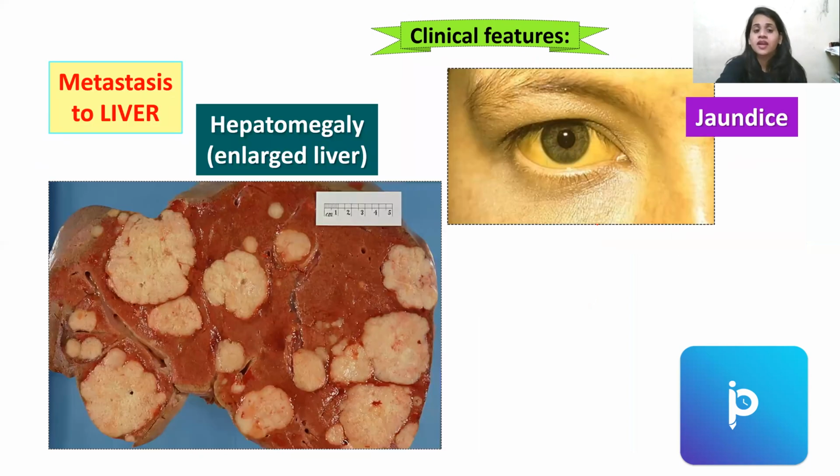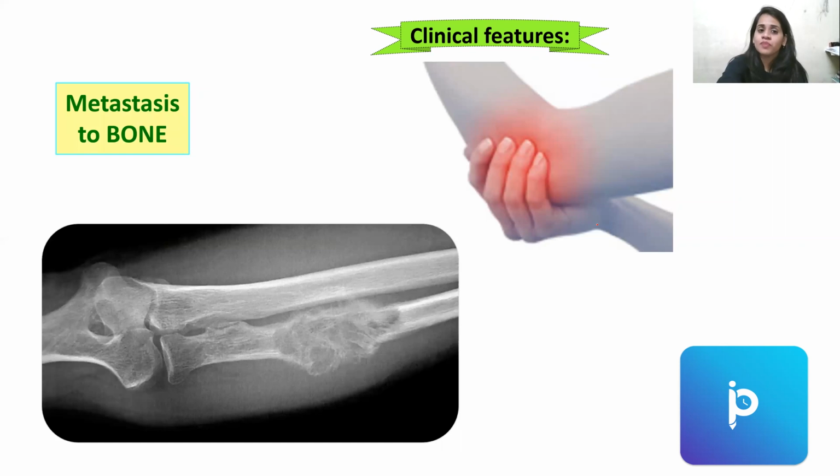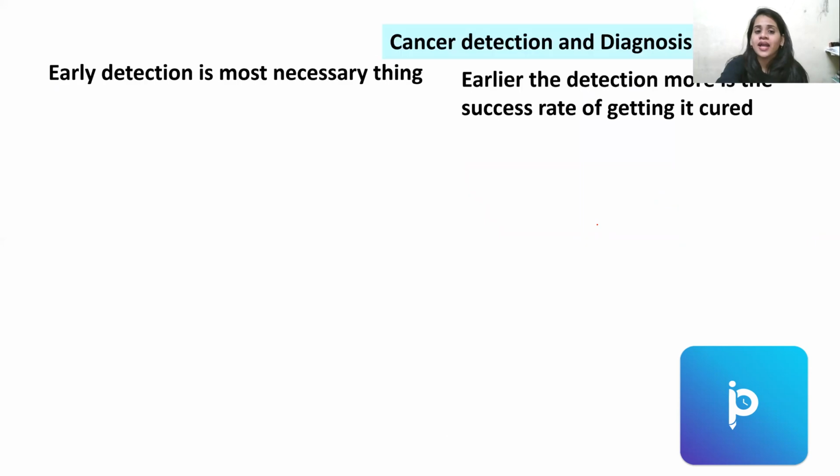If it goes to the liver, the person may suffer from jaundice and hepatomegaly, that is, an enlarged liver. If it goes to the bone, the bones may become brittle, weak, and painful as well. So the clinical features depend upon the part which gets affected by the cancer.